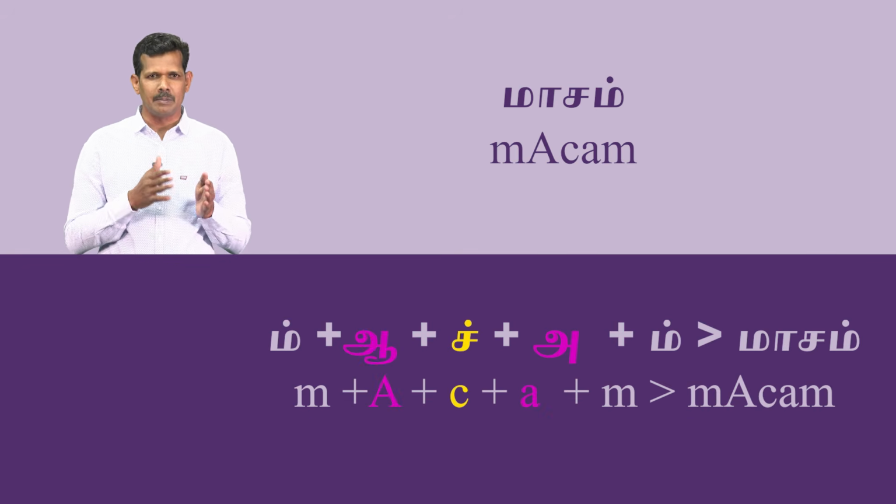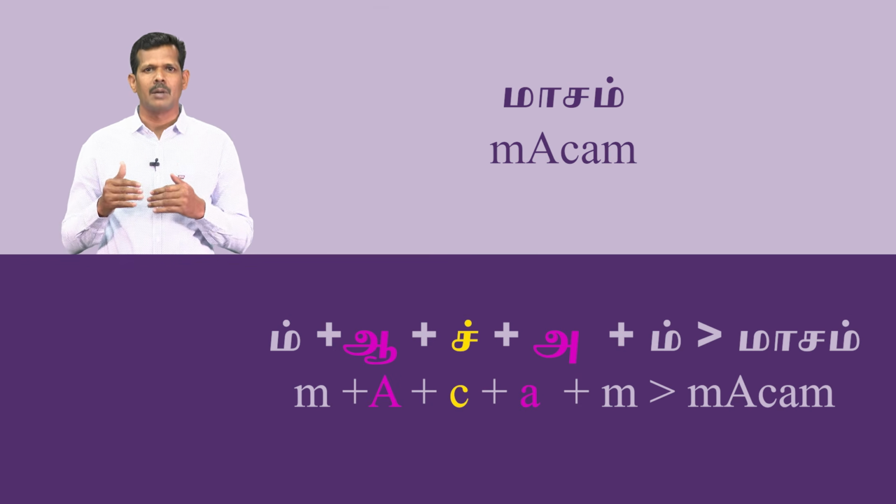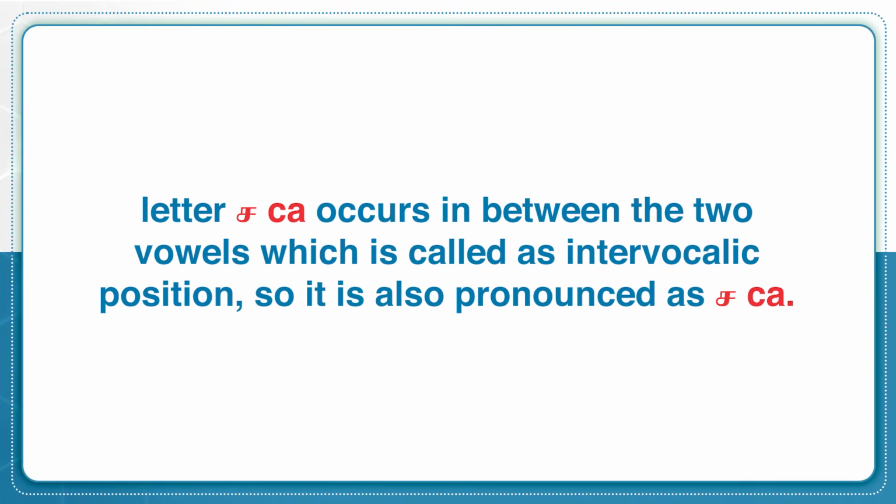Similarly, im plus a, ich plus a, im, masam. In the above examples, the letter sa occurs in between the two vowels, which is called intervocalic position. So, it is also pronounced as sa.